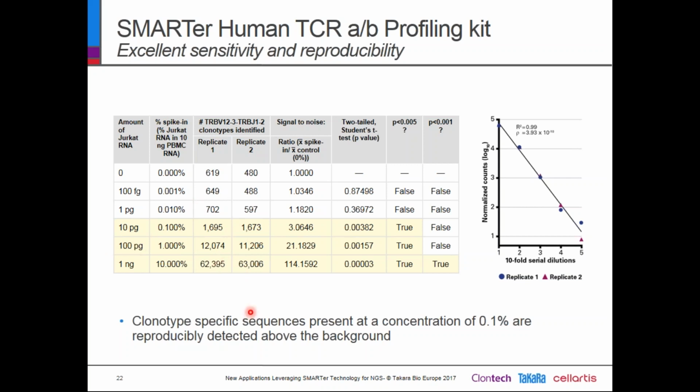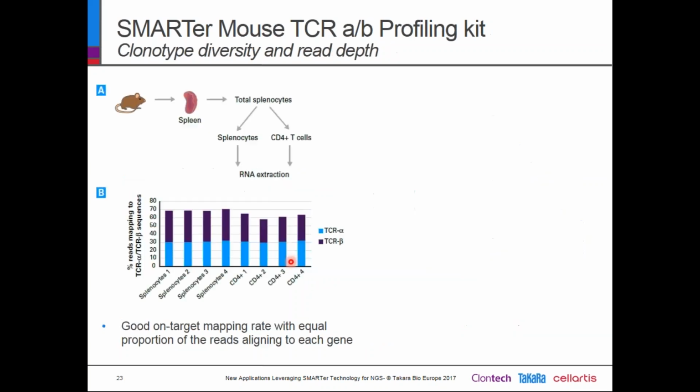What we found is that these specific Jurkat clonotype sequences could be identified at a concentration as low as 0.1% above the background. So this shows that the SMART approach is able to identify very rare clonotypes.